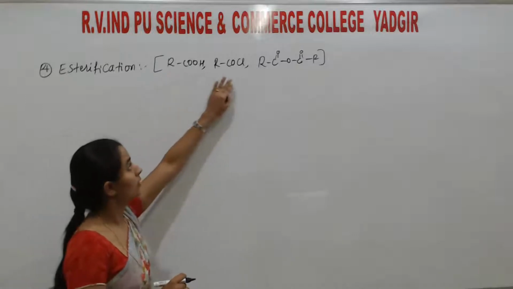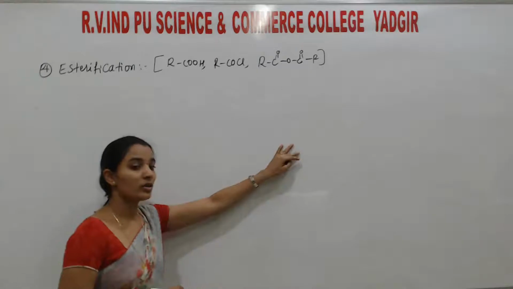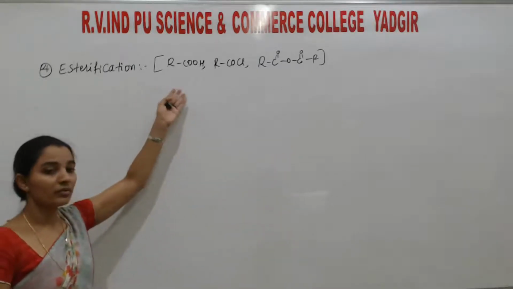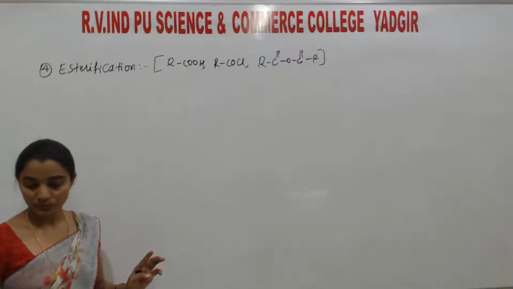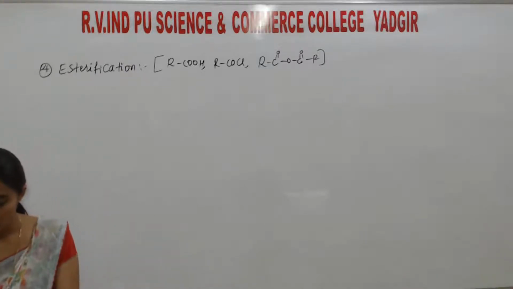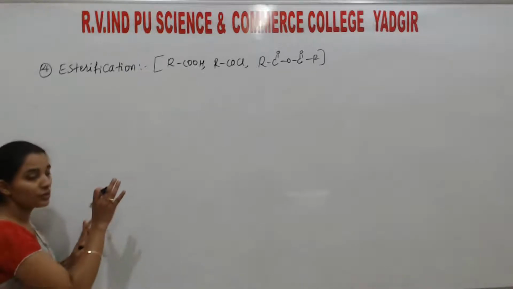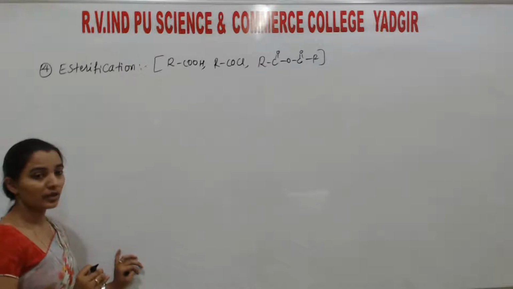If the alcohol reacts with all these species, they form esters. In the esterification reaction, we need to use a small amount of concentrated H2SO4 as a reagent.